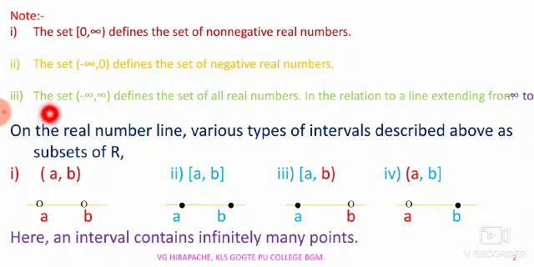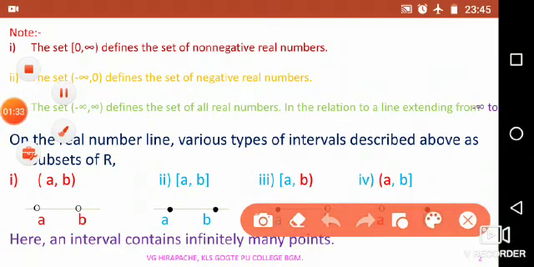And the third note is the set minus infinity, infinity defines the set of all real numbers. In this set, both positive and negative real numbers are included, in relation to a line extending from minus infinity to plus infinity. Let me show you in a pictorial form.